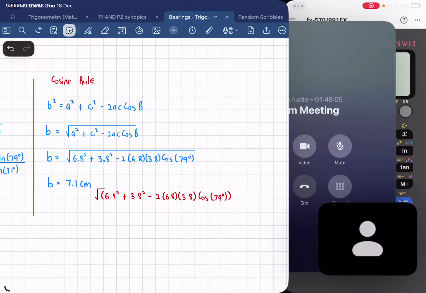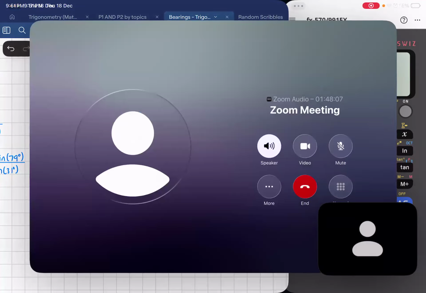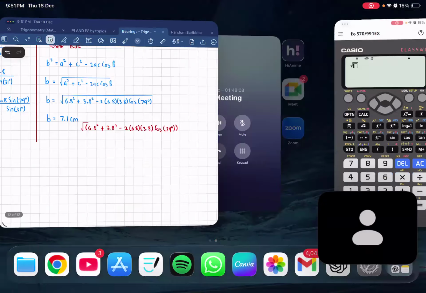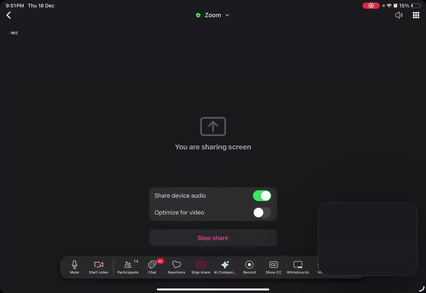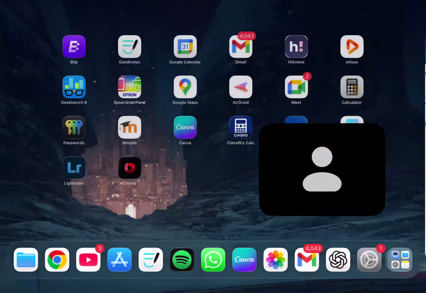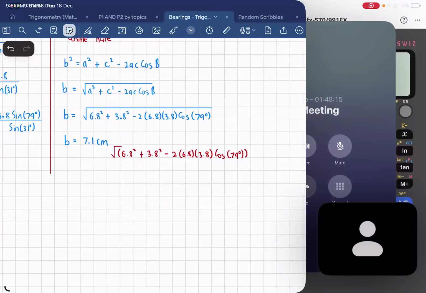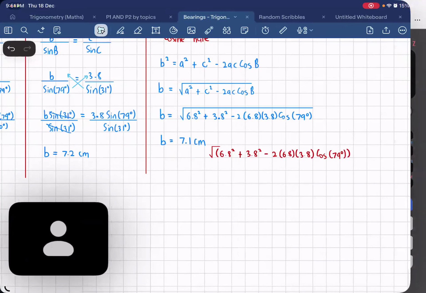All right, let's continue. Are you all still seeing the screen? Let me know if you're still seeing the screen. Yeah, I see the screen.